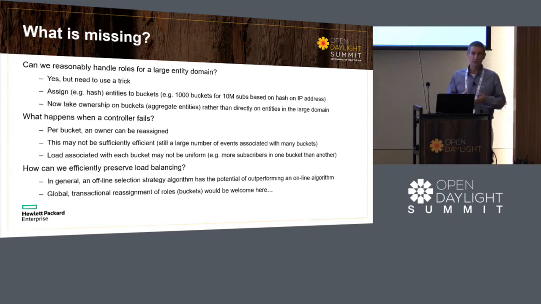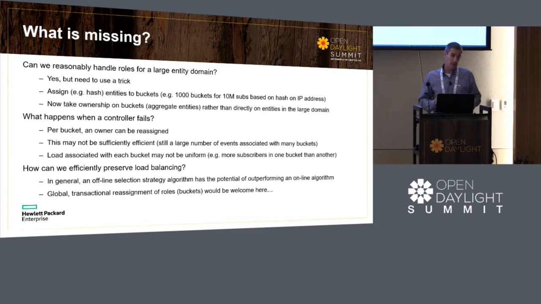A bucket would be, for instance, the hash function of a subscriber identity in my example before, maybe the least significant bits of an IP address to keep it simple. And in that way, combine multiple subscribers into a single bucket, and then from that point on, manage ownership on the basis of buckets. Of course, there is some downside to that, right?